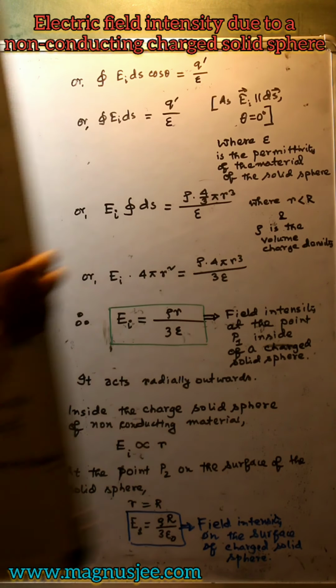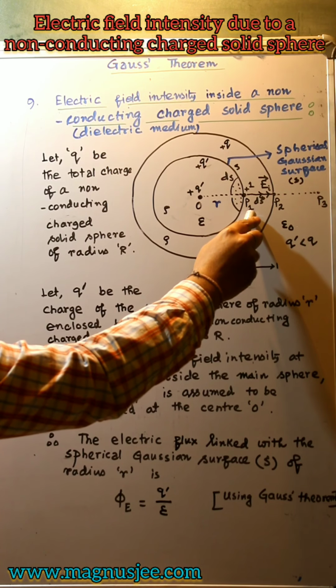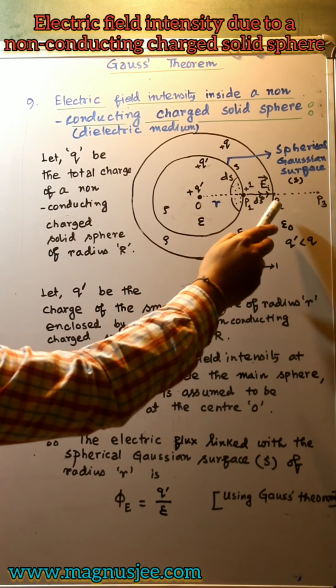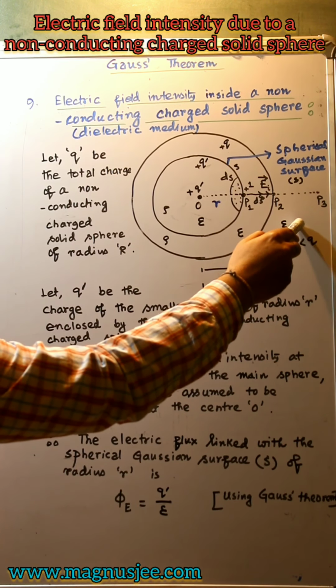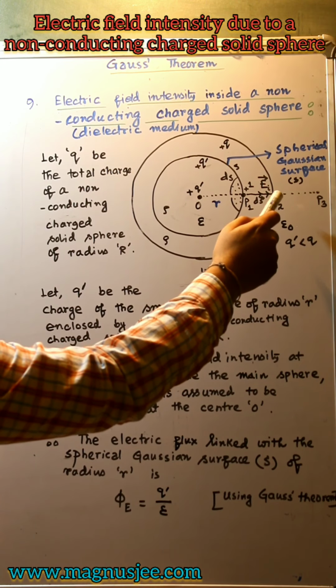That means for the point P1, field intensity will be rho r by 3 epsilon. For the point P2, which is on the surface, the surrounding medium is vacuum, so the expression will be Es equal to rho capital R divided by 3 epsilon 0.